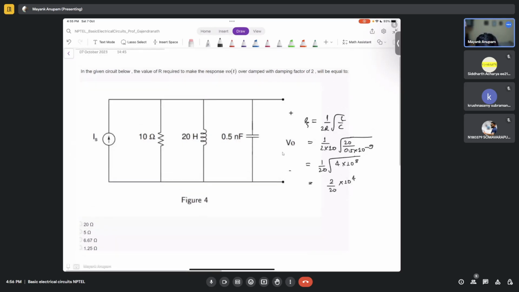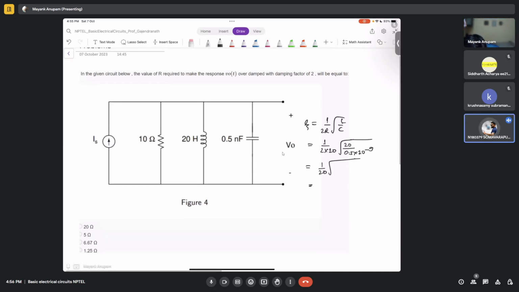Is this correct? It's 40 into 10 to the power 9, right? So it becomes 4 into 10 to the power 10, right?